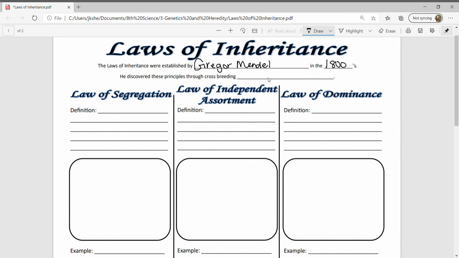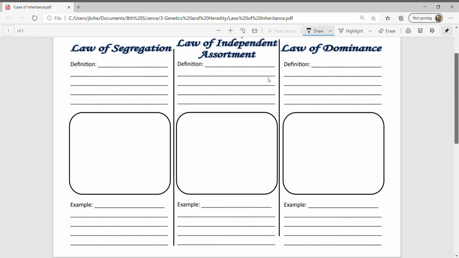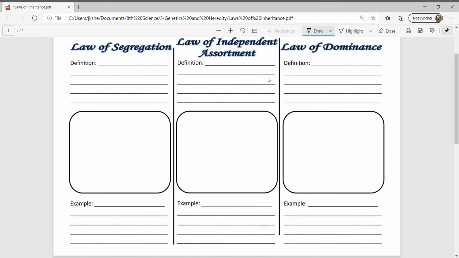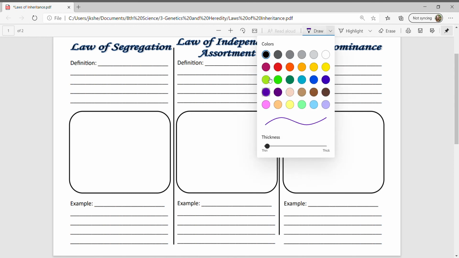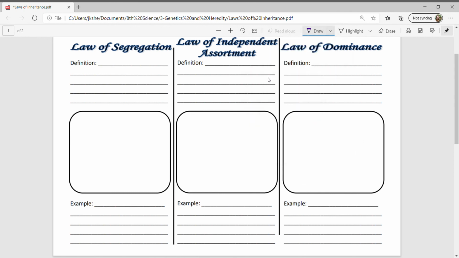He discovered these principles through crossbreeding pea plants, which you learned all about in lesson 1 of your chapter 2 work. Now, he established 3 different laws of inheritance: the law of segregation, the law of independent assortment, and the law of dominance. What we're going to do is break each of these down and determine exactly what they are and give some examples of these.